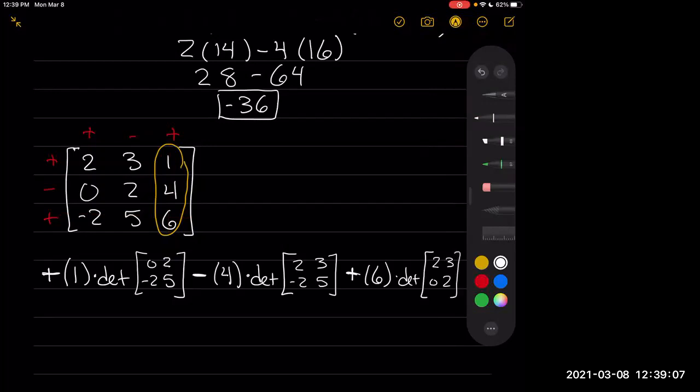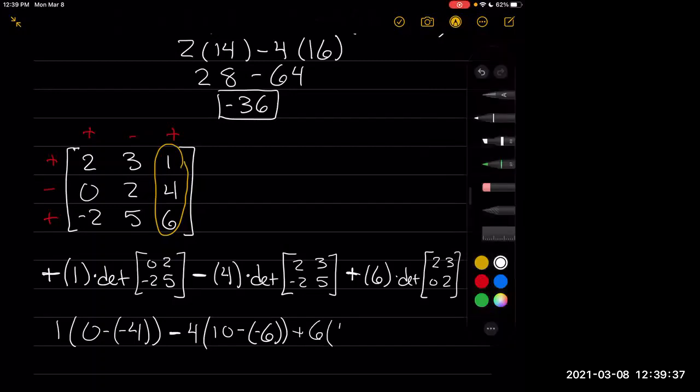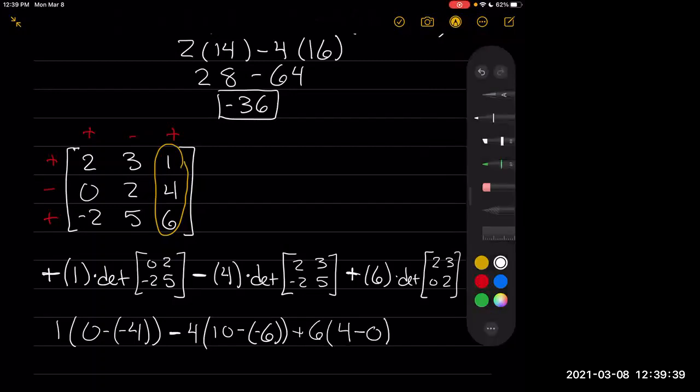Okay. So now we have a 1 times the determinant of this, which is a 0 minus a negative 2 times 2 is negative 4, minus 4 times a 10 minus a negative 2 times 3 is a negative 6. Remember, you're subtracting the cross diagonal when you do these 2 by 2s. Then we're going to add a 6 times 2 times 2 is 4 minus a 0 times 3 is 0.